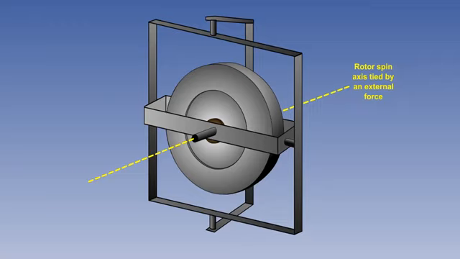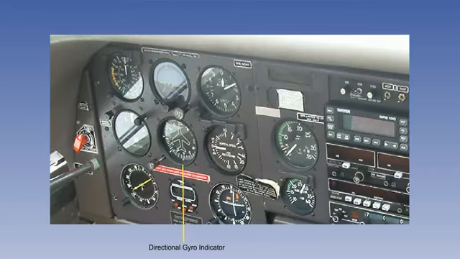In aircraft, the gyro is normally tied in the Earth's horizontal or vertical plane. An example of an instrument using a tied gyro is the directional gyro indicator, or DGI. A typical DGI from a light aircraft is illustrated here.